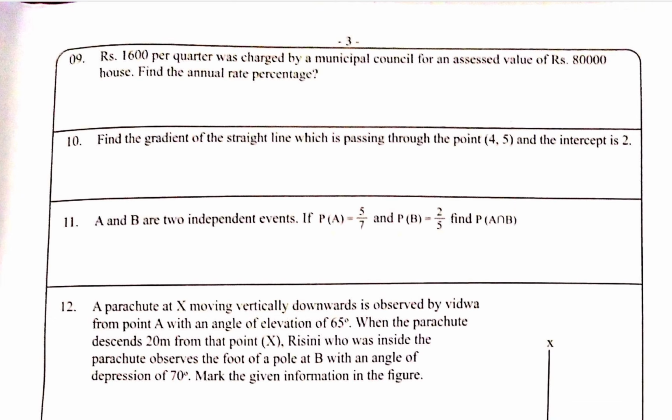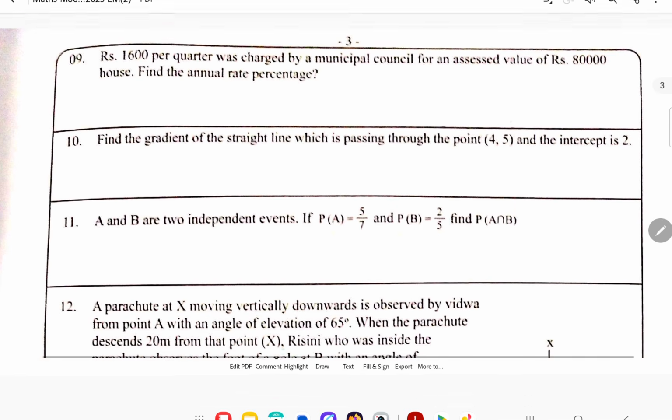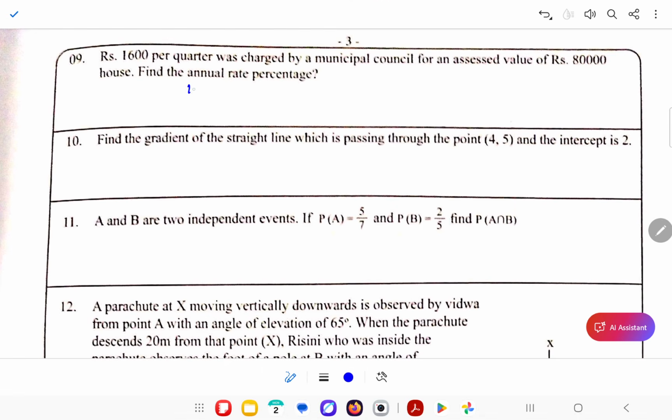Right. Then let's look at question number 9. 1,600 rupees per quarter was charged by a municipal council for an assessed value of 80,000. Find the annual rate percentage. So quarter is 1,600, so per year you have to be charged 1,600 times 4.